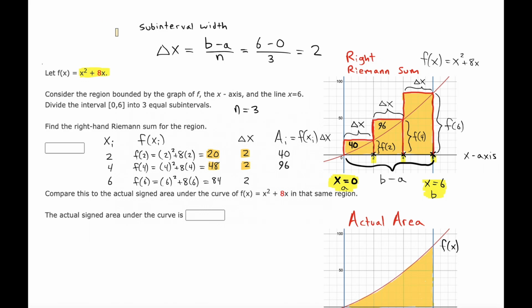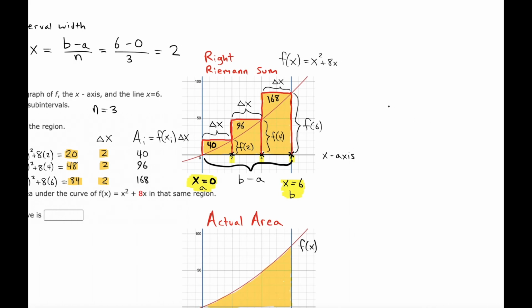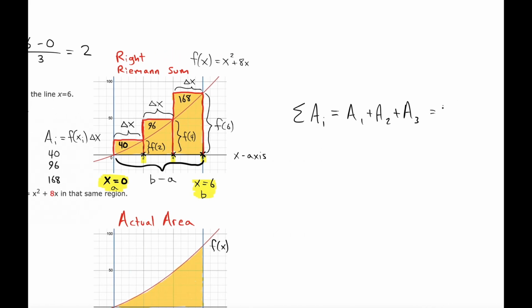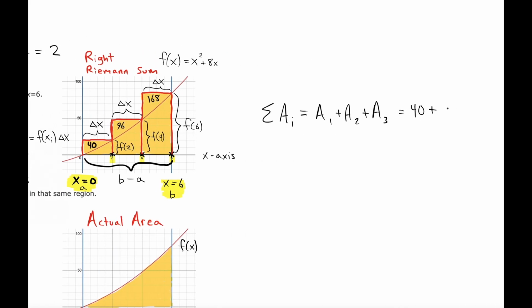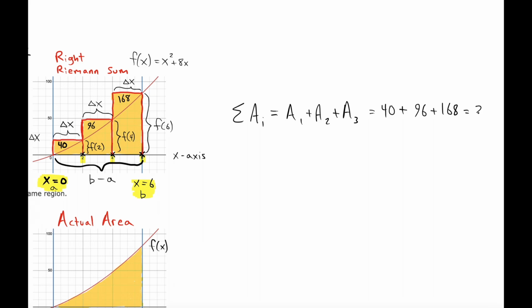And the last subinterval has an area of 168. At that point, I want to add all those areas together. And it's 304 units.